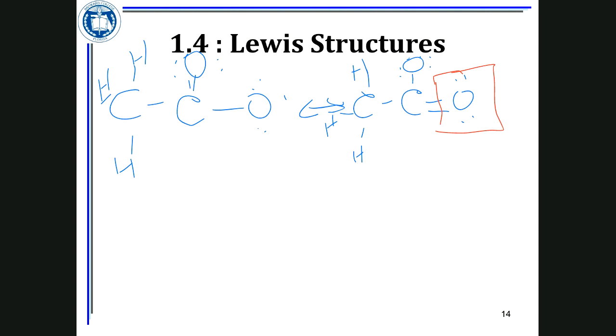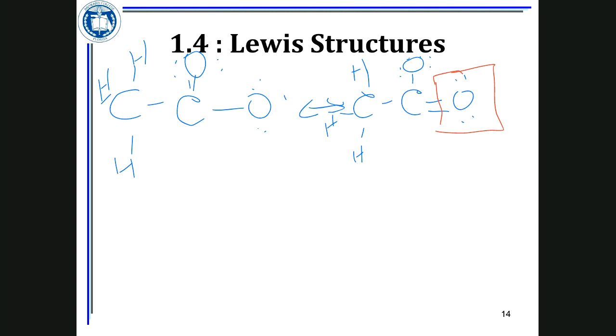There are two pairs of unshared electrons and two pairs of shared electrons. If we are cutting the carbon-oxygen double bond, that means 4 electrons. When we cut it, we divide the bonds between the carbon and oxygen, so 2 electrons from shared, and then we have 4 electrons from unshared.